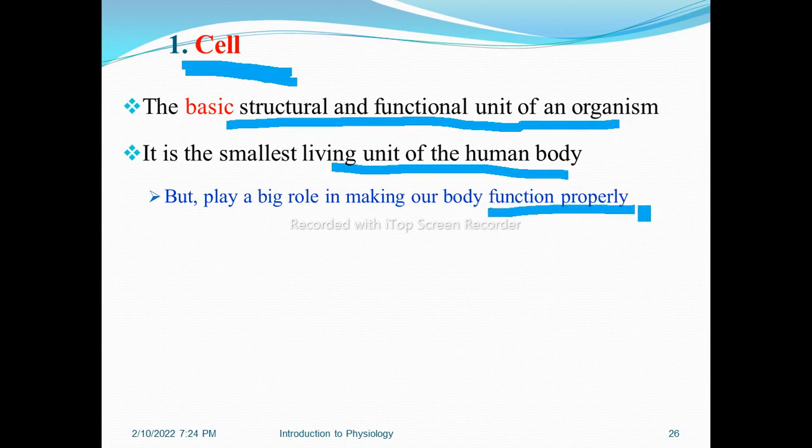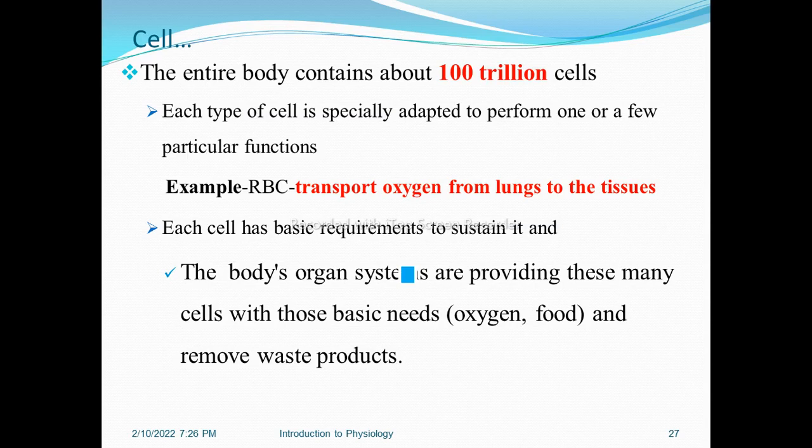Cells are important for metabolism, reproduction, and different functions. Since cells are working in harmony, our body will be healthy. The entire human body contains about 100 trillion cells.